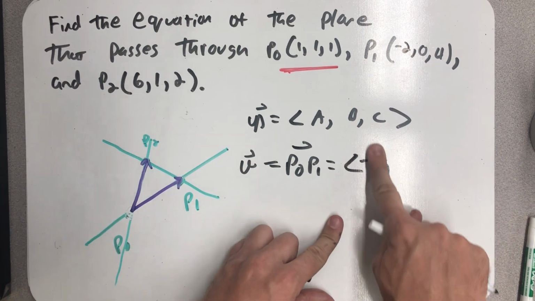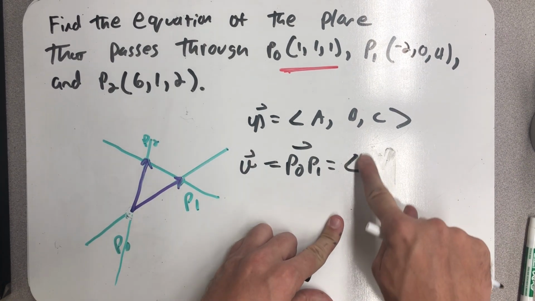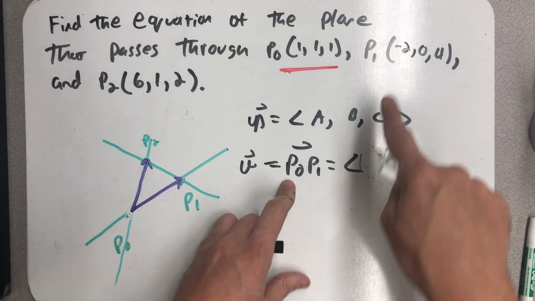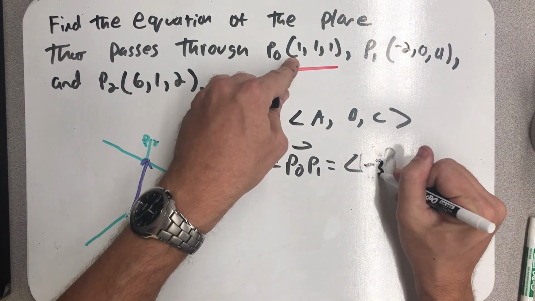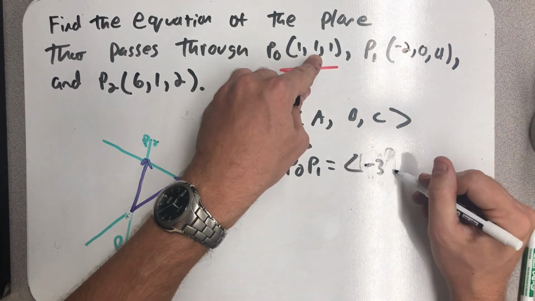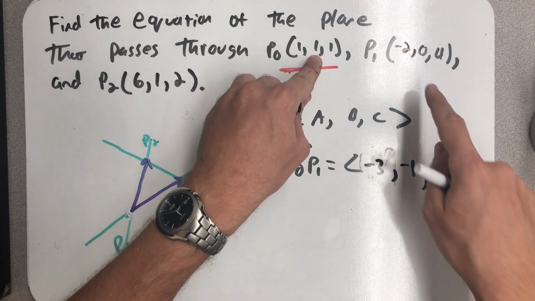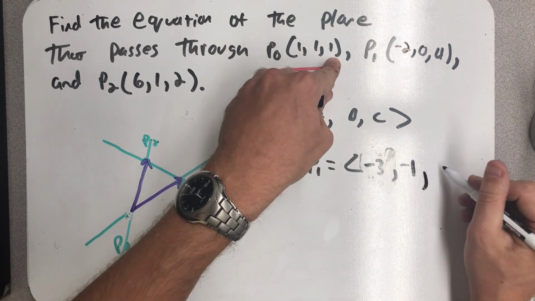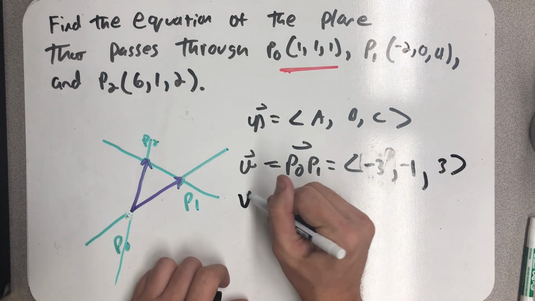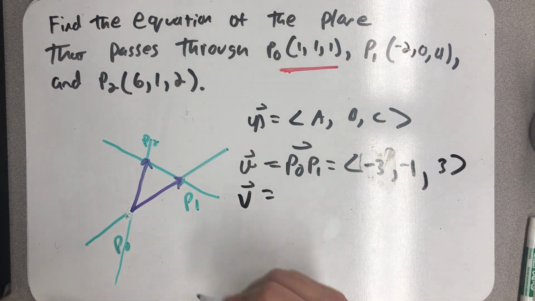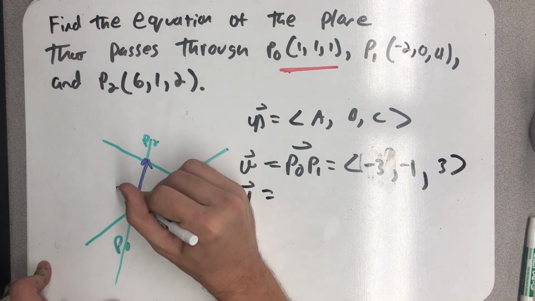All right, so P0 to P1. Minus 2 minus 1 is minus 3. 0 minus 1 is minus 1. And then 4 minus 1 is 3. So I just found u. Let's find v.